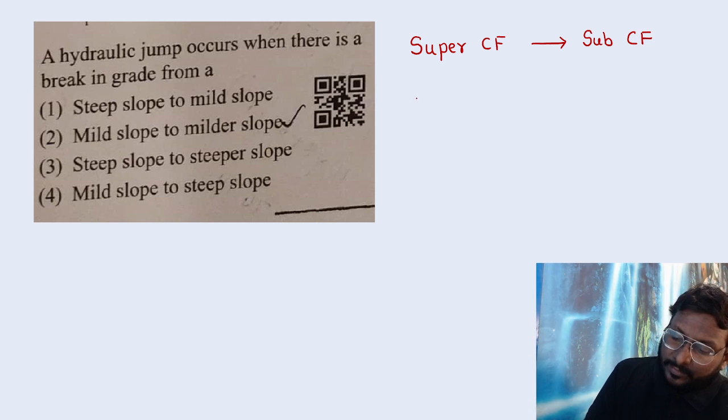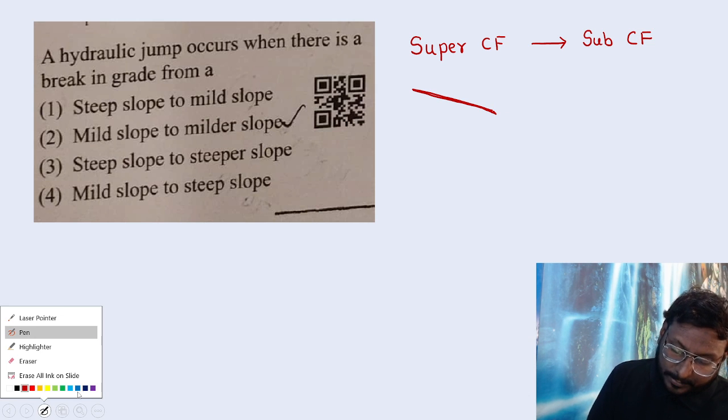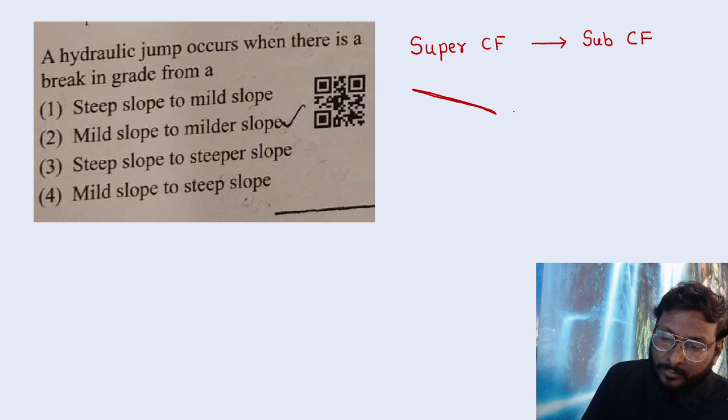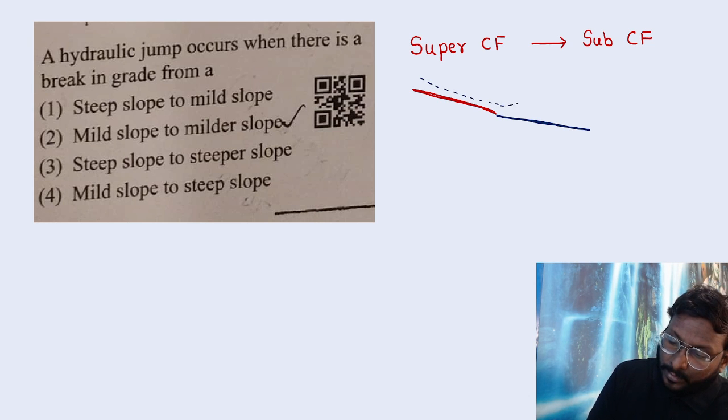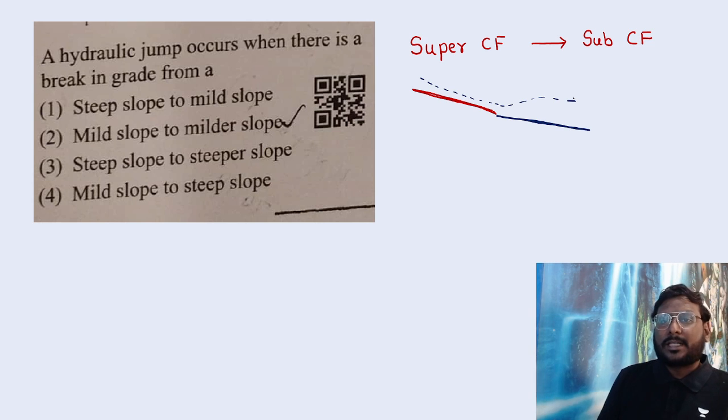When you take from steep slope to mild slope, the flow falling like this suddenly rises up because of sudden mild condition.